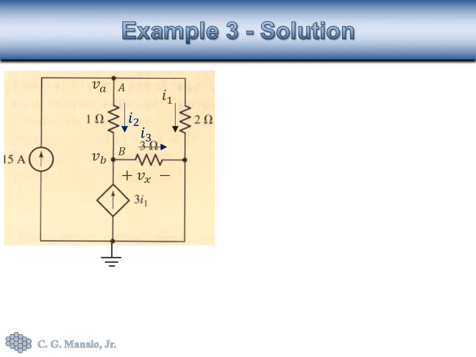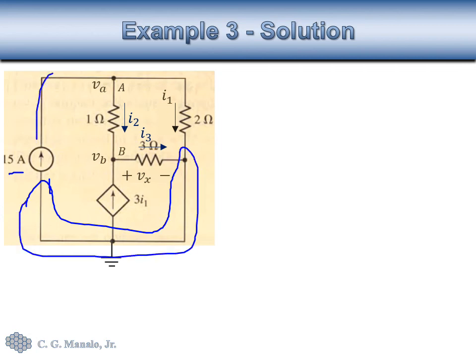Here we didn't assign a branch current because we already have the current there. Take note that this whole thing here is a ground node. This whole thing here is V sub A, and this is V sub B.